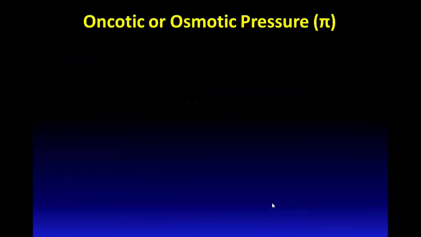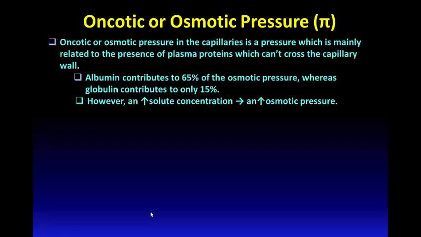The oncotic or the osmotic pressure is another important force which influences filtration across the capillary wall. The osmotic or the oncotic pressure in the capillaries is mainly related to the presence of the plasma proteins.